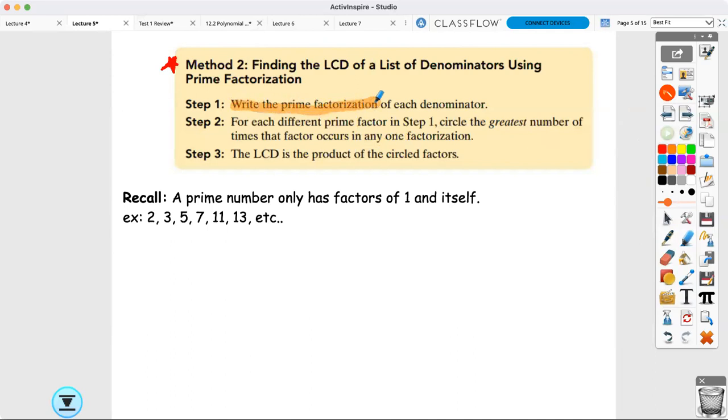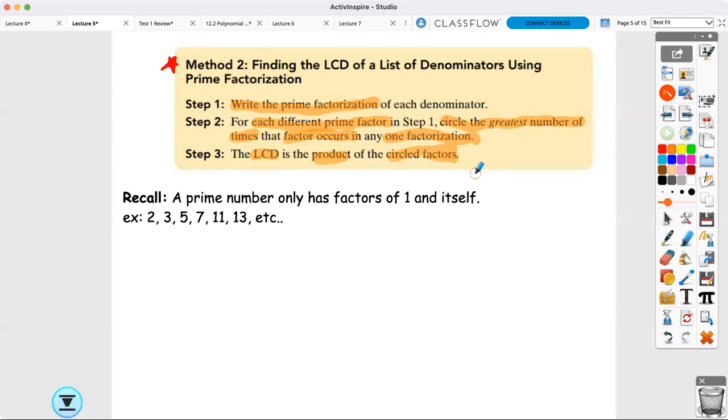Step 2, for each different prime factor, a factor being a number that multiplies with others, like 2 times 3, those are both factors, circle the greatest number of times that factor occurs in one factorization. Step 3, the LCD is the product of the circled factors.